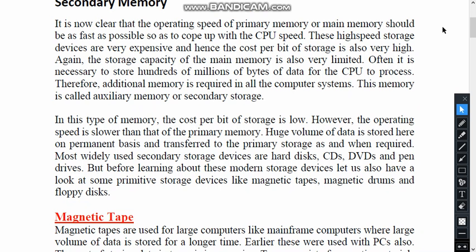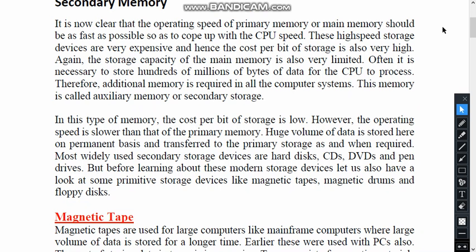It means that if the electricity is cut, the data will not be erased. In the secondary memory, we can store the data on a permanent basis, and it is transferred to the primary storage when it is required.